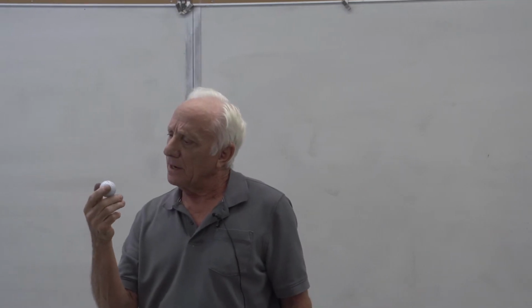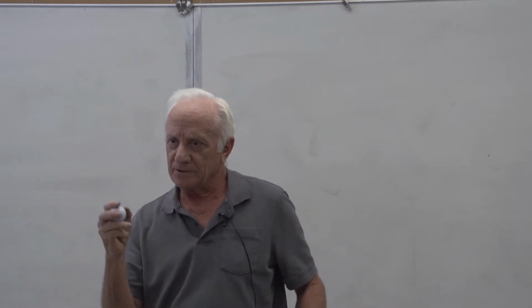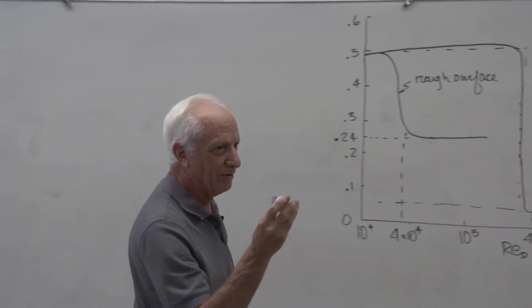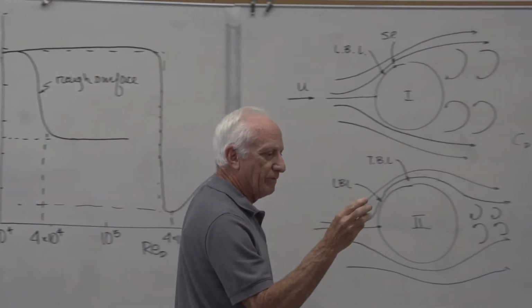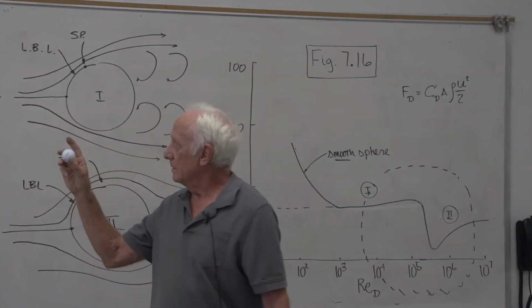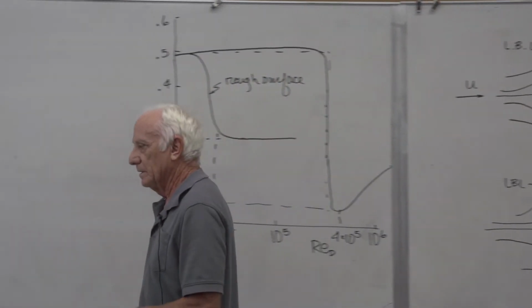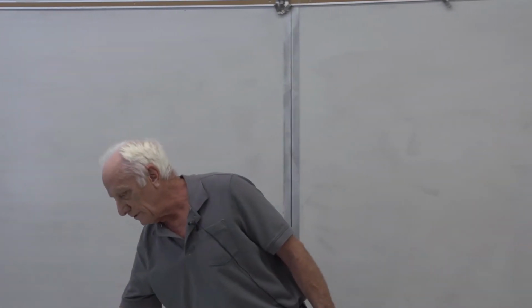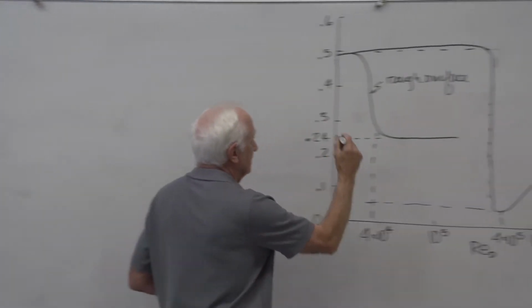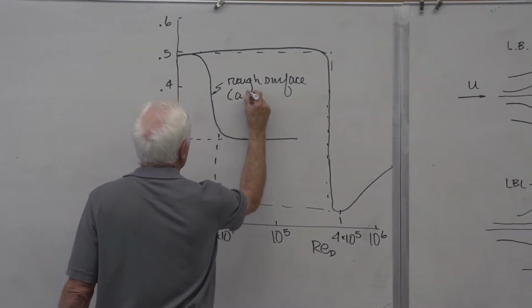What are those dimples like? They're like roughness on the surface. I don't feel it's not smooth. Definitely not smooth, I guarantee you that. It's rough. Well, this is the curve for a golf ball. Right here, that's how it behaves. So, this is a golf ball.